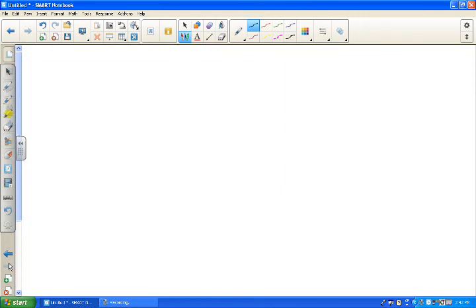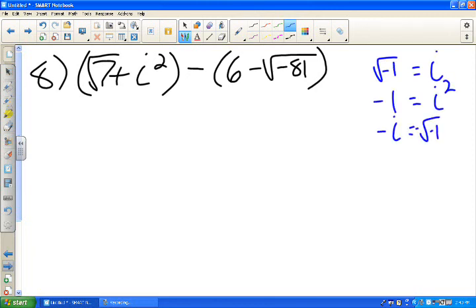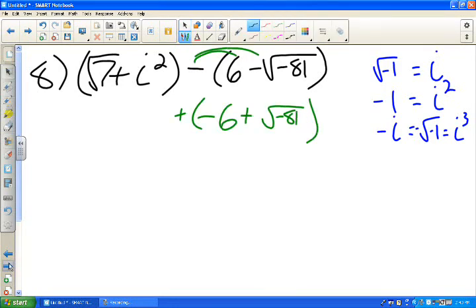Here's another example, for problem number 8. It's basically the same as before, remembering the properties of i: square root of -1 is i, -1 equals i squared, and this time we'll think of -i being equal to i cubed.